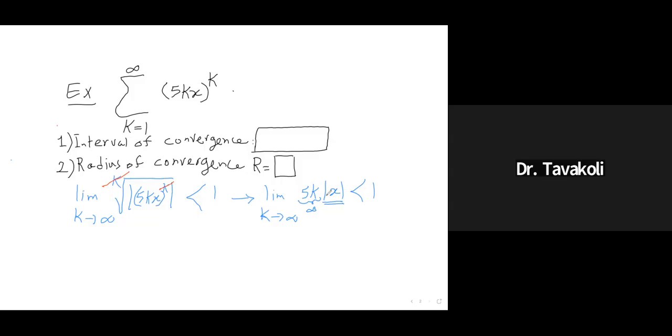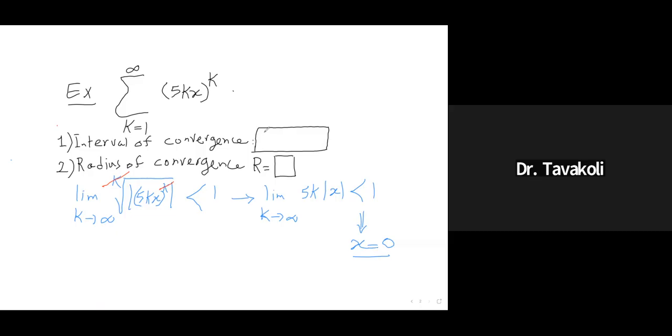So the only number which makes this inequality true is x equals 0. So in fact, the interval is just one point. In the previous examples, the interval was an open interval, but here it is just one point.